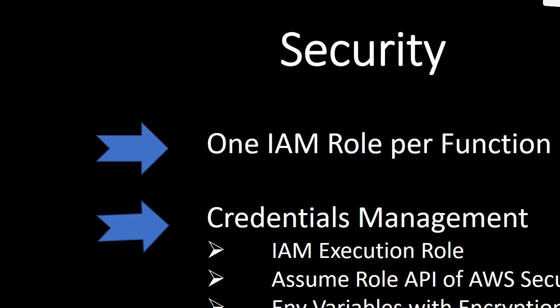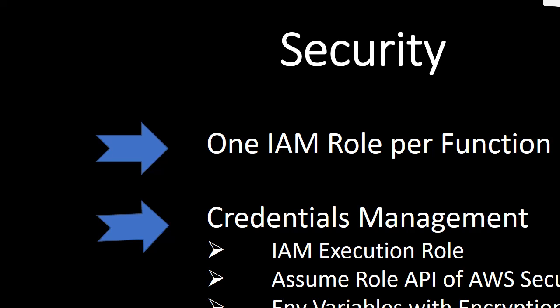And Lambda will take care of automatically retrieving the temporary credential based on the role access you have defined, and then use that temporary credential to connect to that resource.